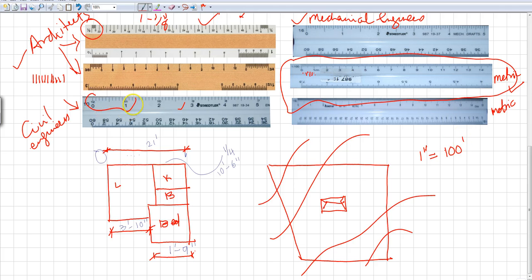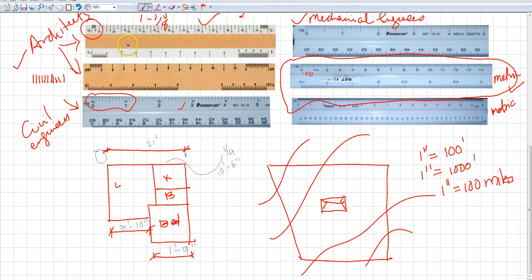Okay, which is this 1 inch, right? Now 1 inch could correspond to even 1,000 feet. At the same time, if I were working with really big maps, 1 inch could correspond to 100 miles. Got it? So that's how this scale works.